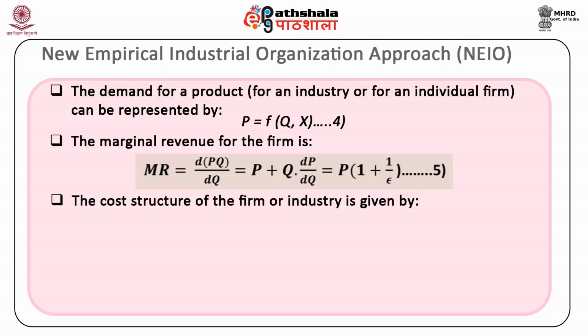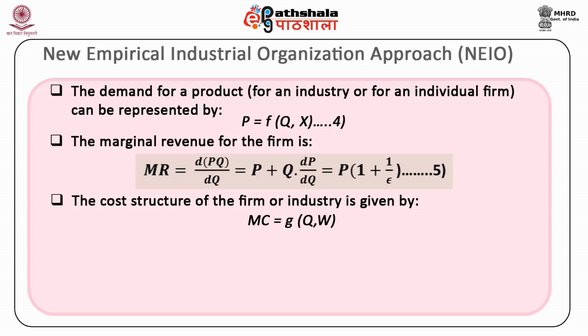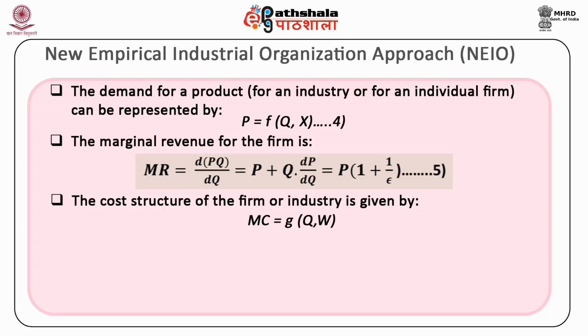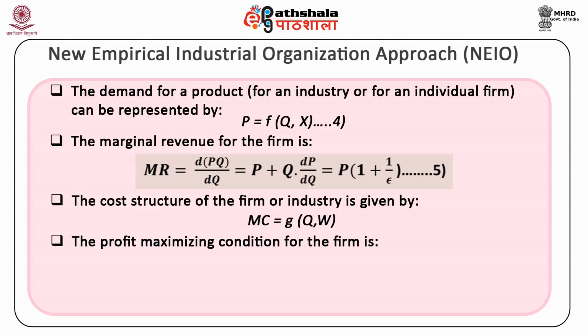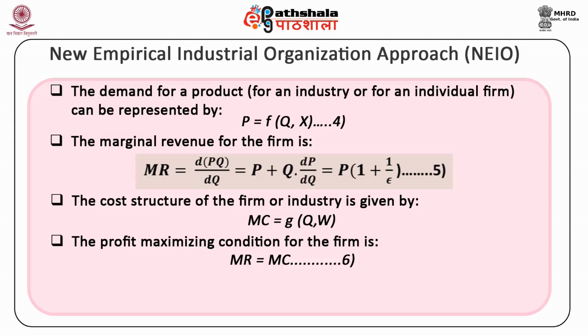The cost structure of the firm or industry is given by MC equals G(Q, W), where W represents variables that are likely to influence cost, such as input prices. The profit maximizing condition for the firm is MR equals MC.